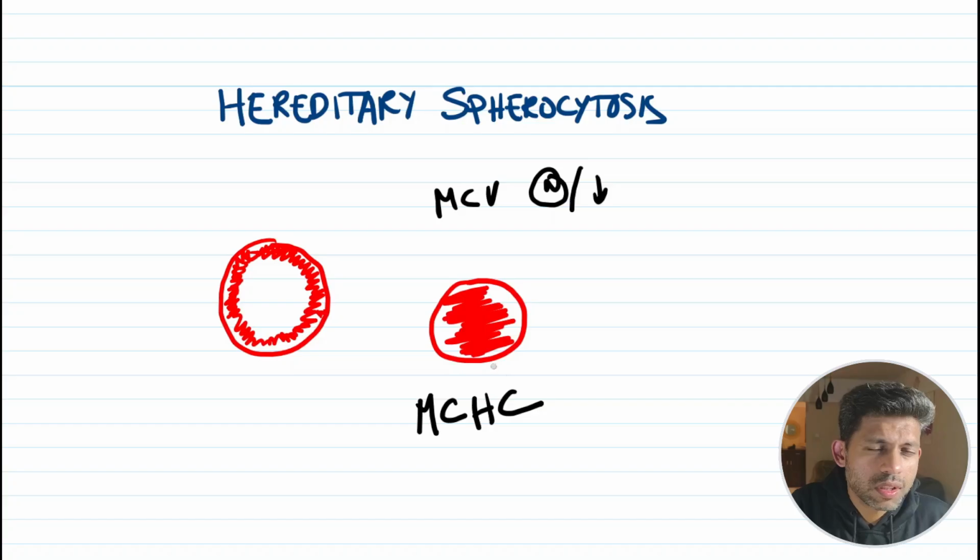What happens to this? As most of the RBC membrane is lost, while the hemoglobin within the cell remains the same, the concentration of hemoglobin within the cell is relatively increased. So, mean corpuscular hemoglobin concentration increases.